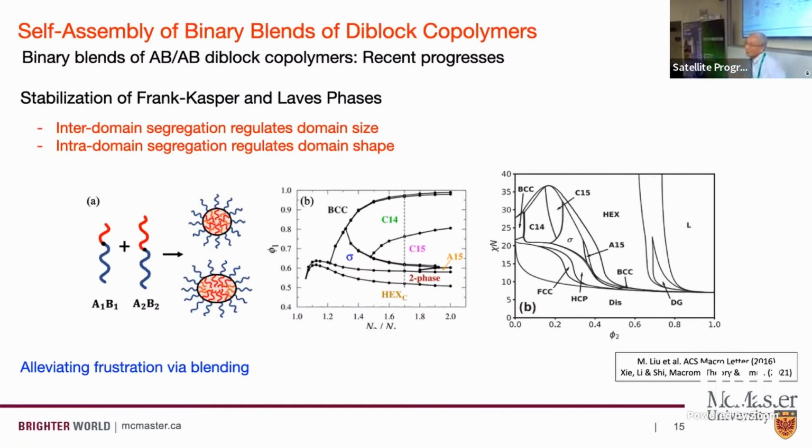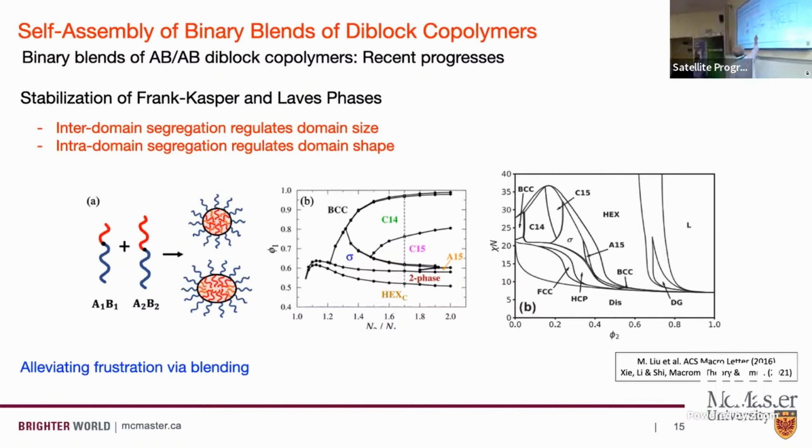Now, one way to regulate this is to think about, you have one block copolymer, you mix another block copolymer in the same chemistry but different volume fraction. And the theoretical calculation showed that if you do that, you can have a very big window in which you can form these complex phases.